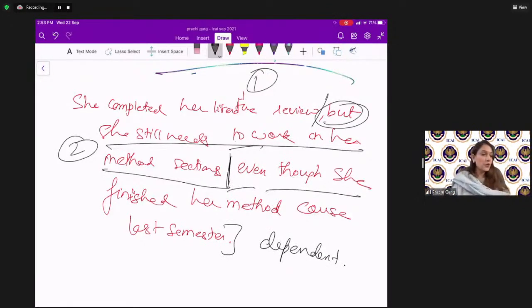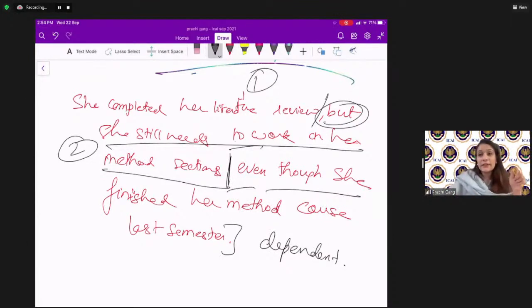You will be able to spot them. Are we clear? Yes. Okay.